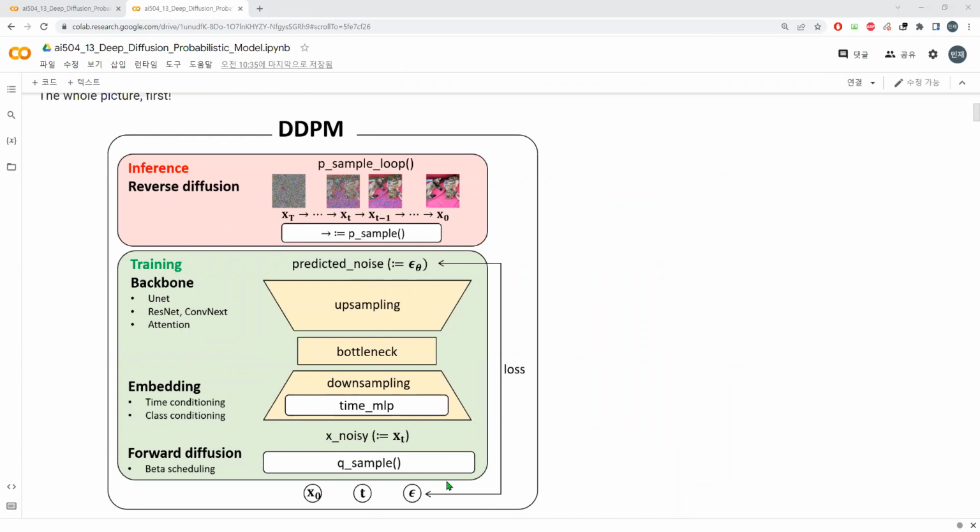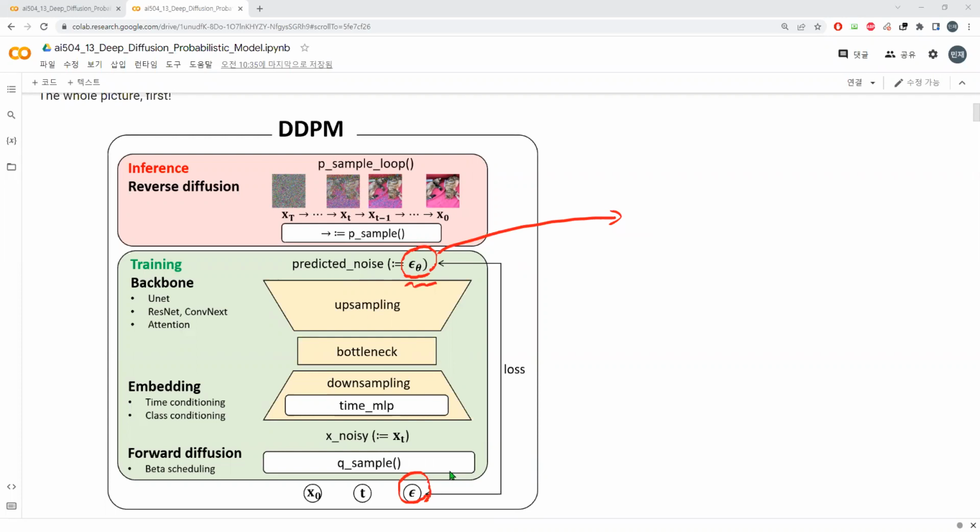By the way, it can be confusing, but let me discuss this epsilon theta.